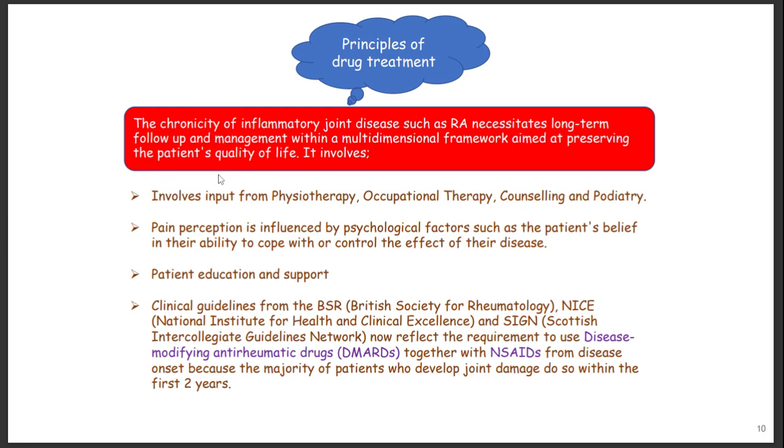We're talking about quality of life here, and there is a multi-dimensional framework, because it's not just a doctor that's going to be involved here. You want to involve physiotherapists, occupational therapy, counseling, podiatry. All these people should come together, because besides the medication, this person also is having some problems with movement. So you want physiotherapy to come in.